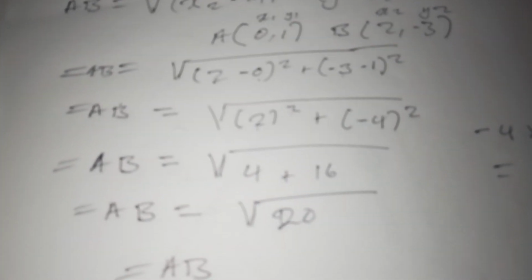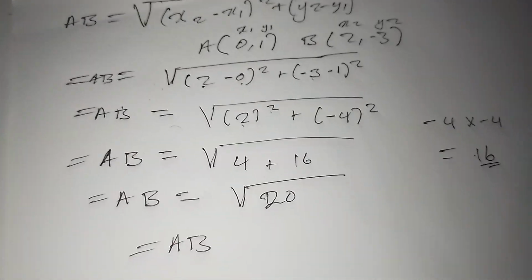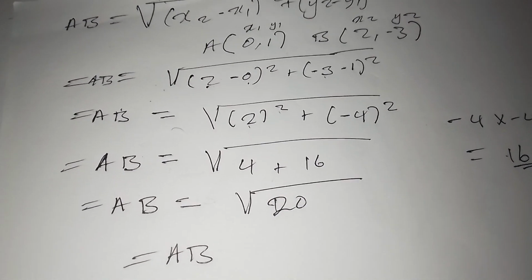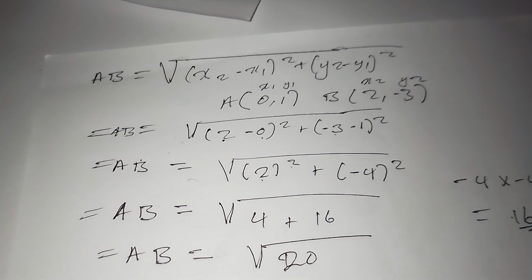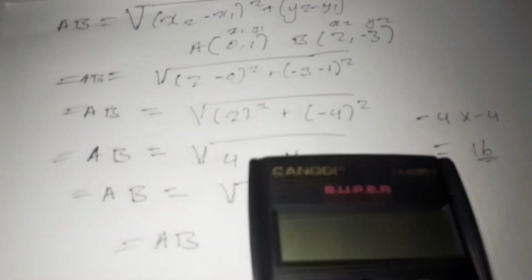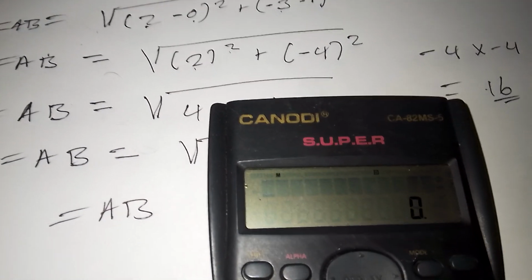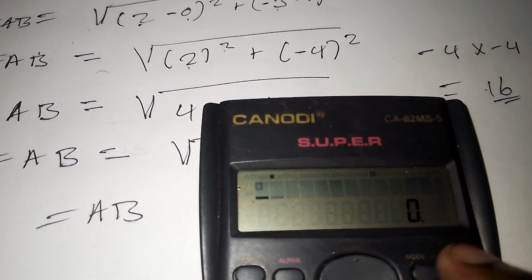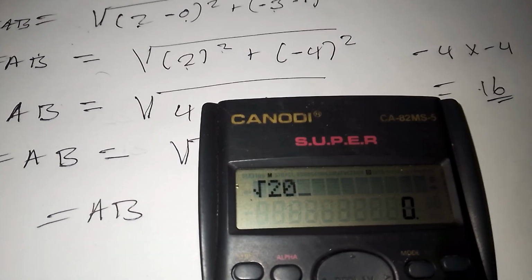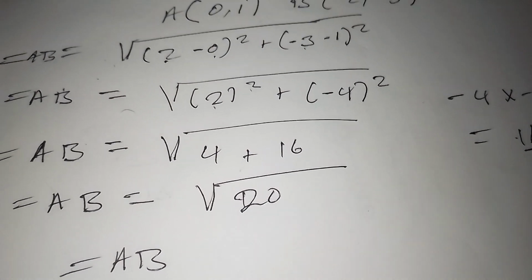What is the root of 20? That's the distance now. Get your calculator. Calculate it properly without failing. So we're going to have the root of 20. We're going to have 4.47.